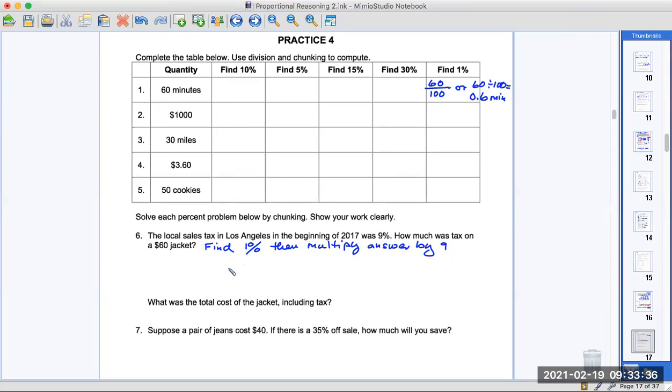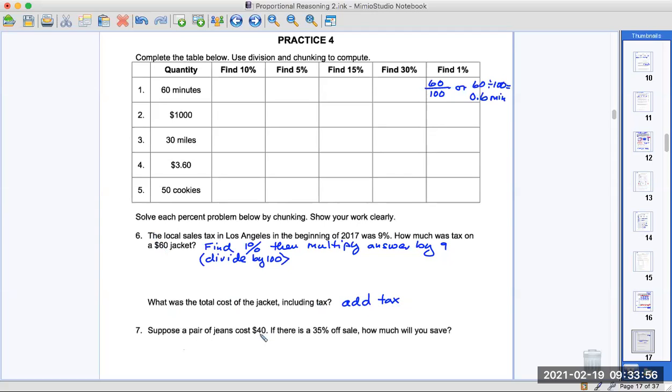I'm going to put that there. 1% means divide by 100. What was the total cost including tax? So now you add the tax to your 60, okay?